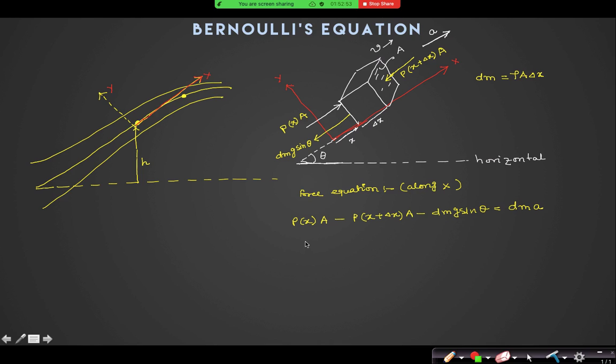So if I cancel A on both sides, I can write P of x minus P of x plus delta x minus rho g delta x sin theta is equal to rho delta x times a. This part I have done nothing, I have just replaced dm by rho A delta x and cancelled.